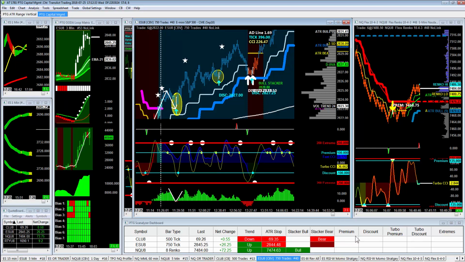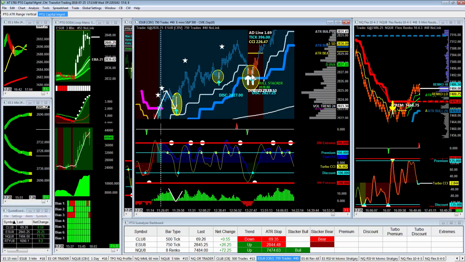So again, down here on the Scanalyzer dashboard, you'll see premium and discount, and then you'll see turbo premium and turbo discount. The early signals there showing the cyan color with the yellow circles that I drew, those are turbo discounts. All right, what they simply mean is they're a much more sensitive signal. Now the standard discount will be displayed with the fat white arrows as you see here, okay, on the next signal.